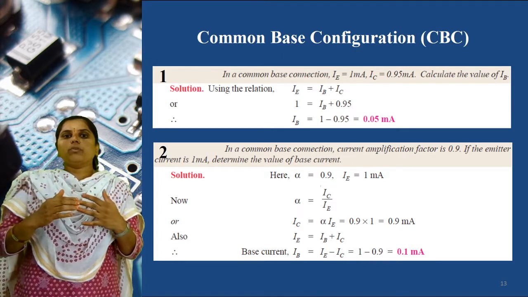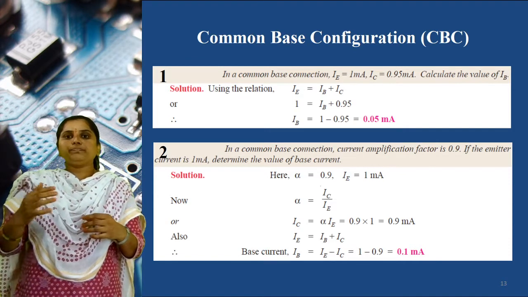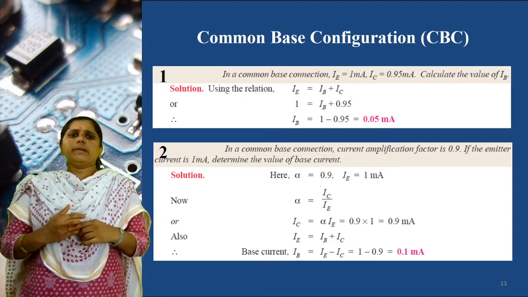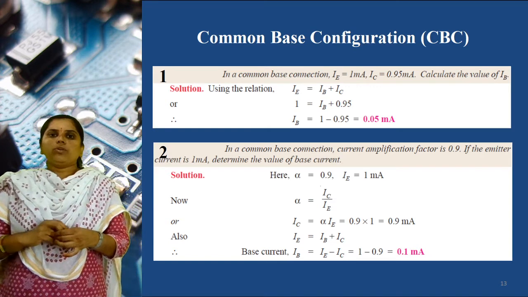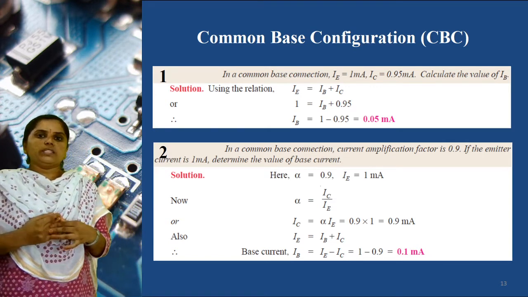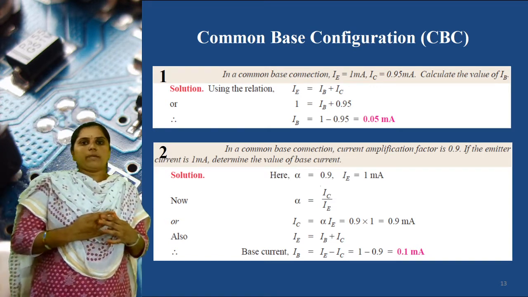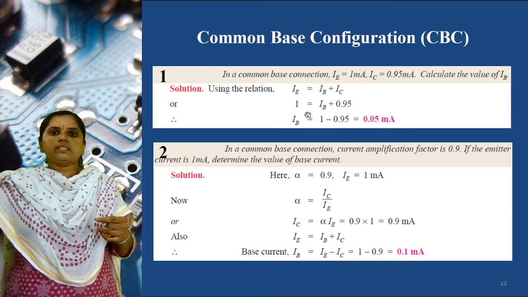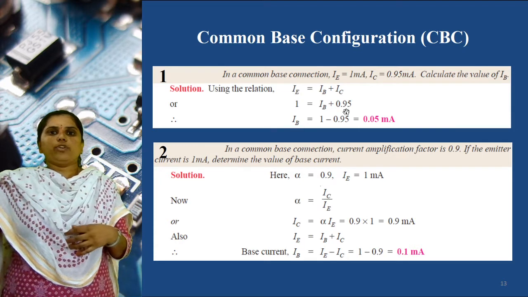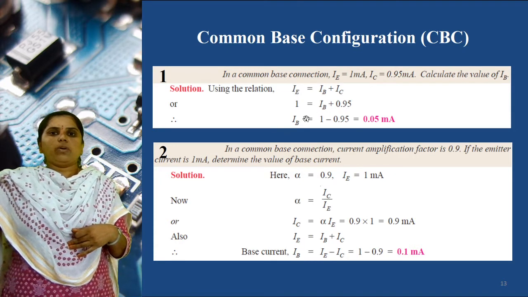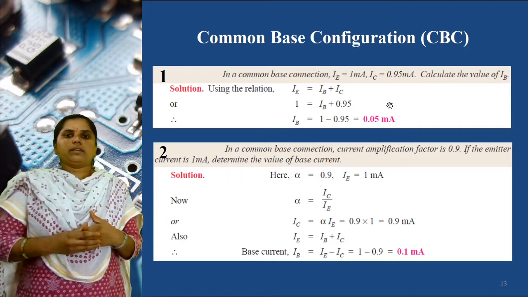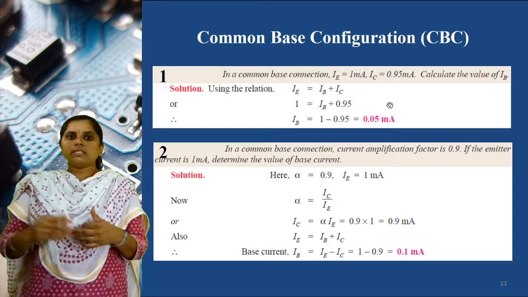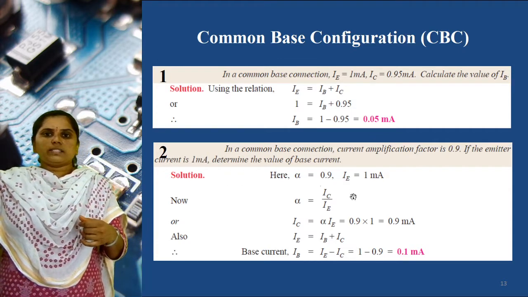The input current and output current are given. Calculate the value of base current. We already know this equation, IE is equal to IB plus IC. From this equation we have to calculate IB. IE is given as 1 milliampere, IC is 0.95, then IB is equal to 1 minus 0.95, that is 0.05 milliamperes.